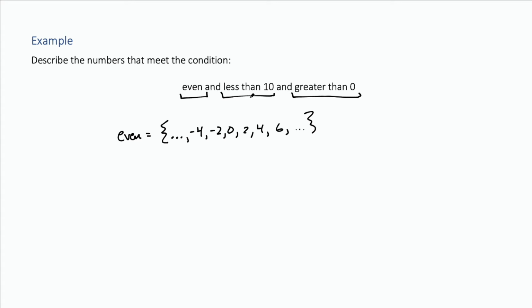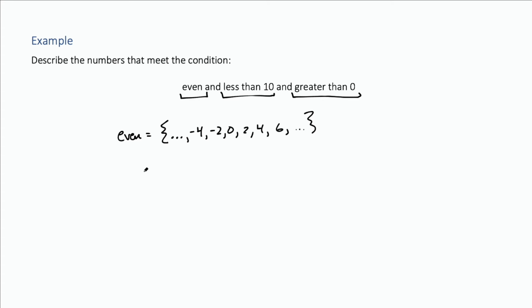Then there's the less than 10 set. There's an infinite number of numbers less than 10, and I can't really list the elements like this because even decimal or fraction numbers like 0.3421 would work.